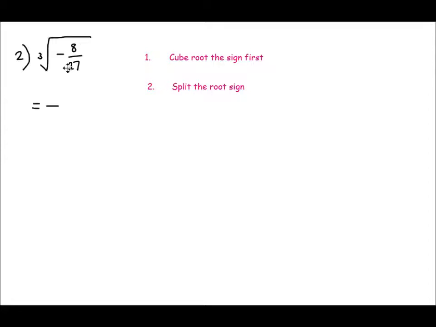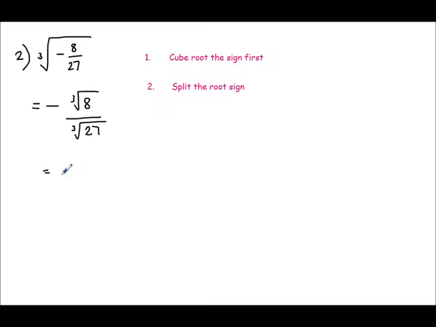So I'm now looking at the number part only. So I'm going to write the cube root of 8. See why it's important to know your cube numbers. And the cube root of 27.